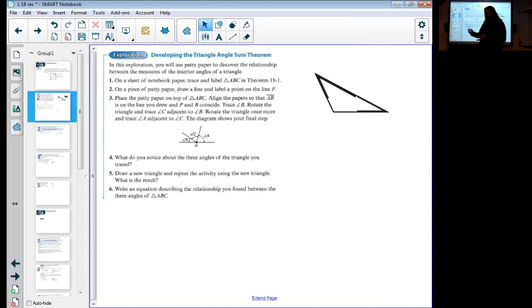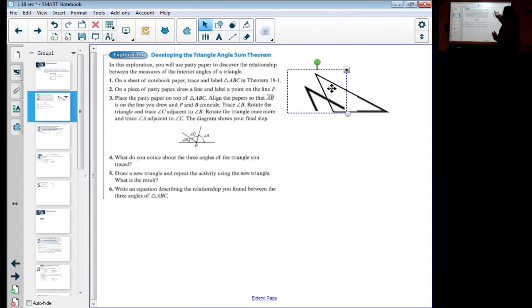I made mine out of a piece of paper, and I'll be using this later, but I wanted to do it on the board so we can see it a little bit better, so that my hand's not in the way. All right, so on the patty paper, draw a line and label point P, and place the patty paper on that. This is just a triangle that I drew.